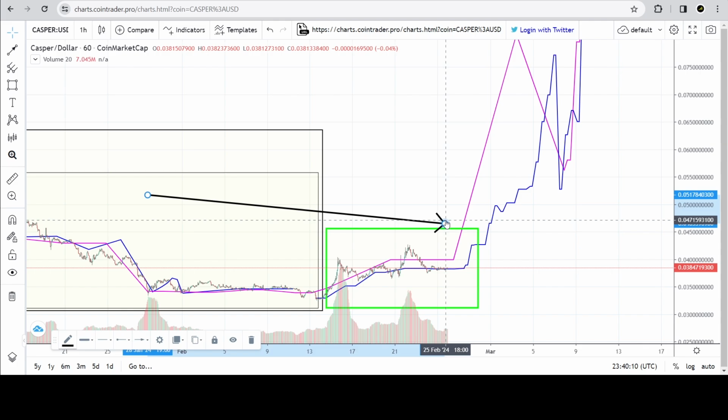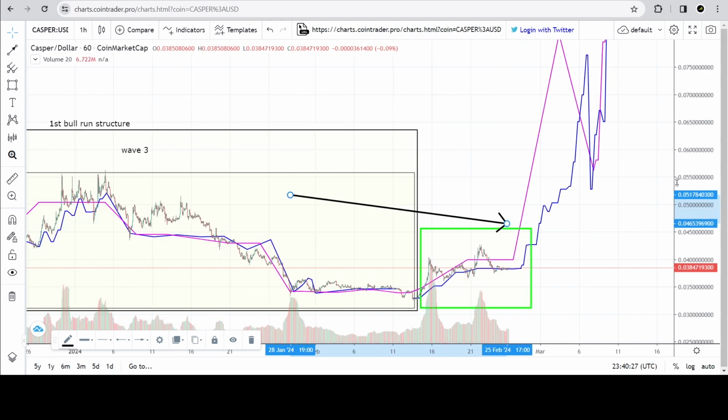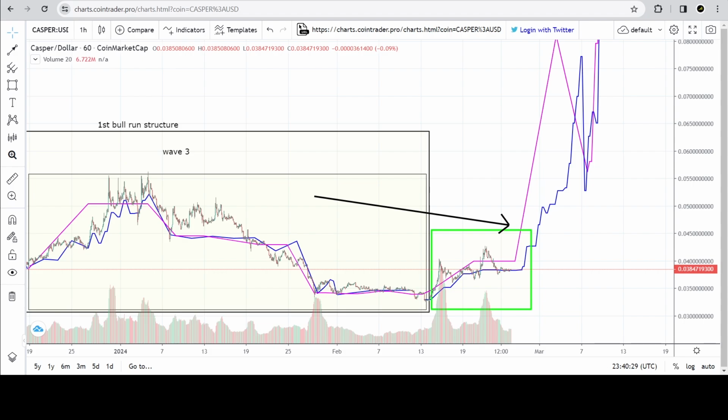So, folks, Casper is on track. It may seem like it's a stick in the mud right now, but it is actually doing what it should be doing. I know this is supposed to be a bull run, and I keep talking about price moving up. It will, but this is the beginning part of the structure.